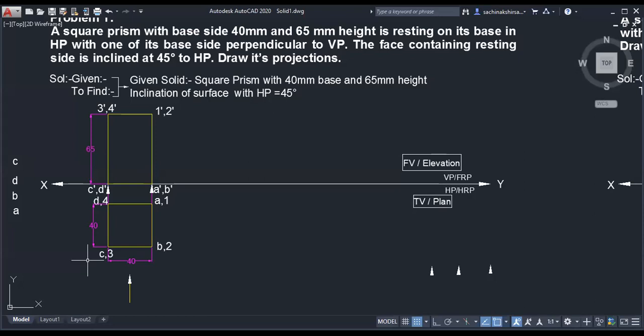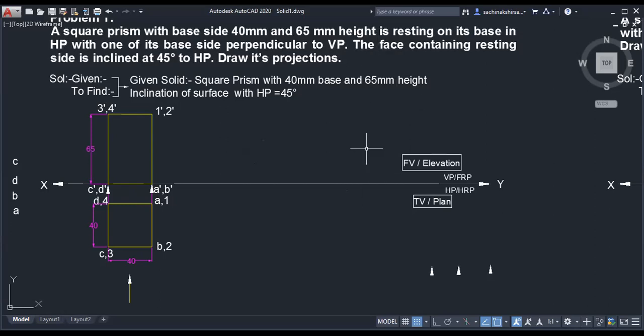Is it the inclination of the resting side or the inclination of the face?